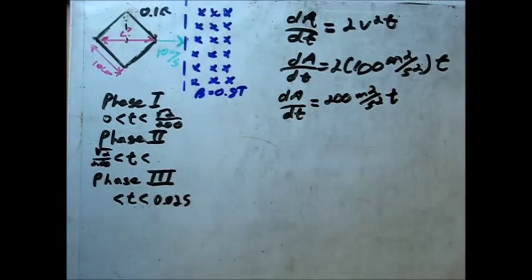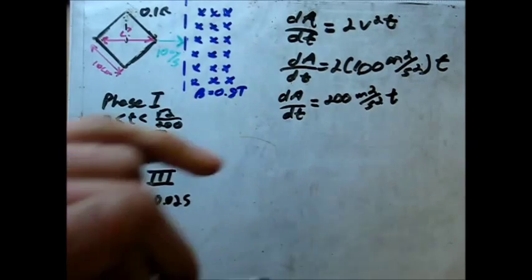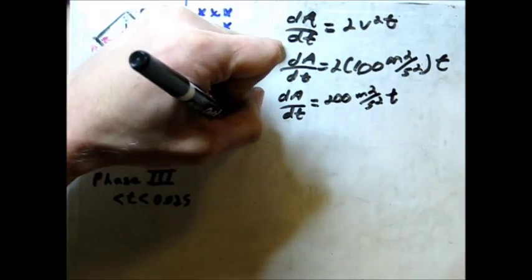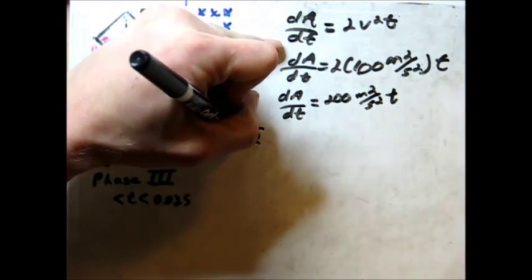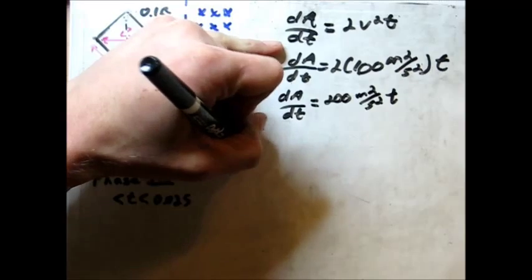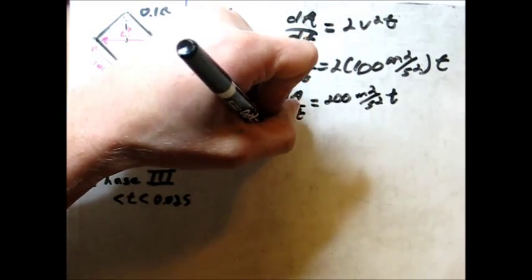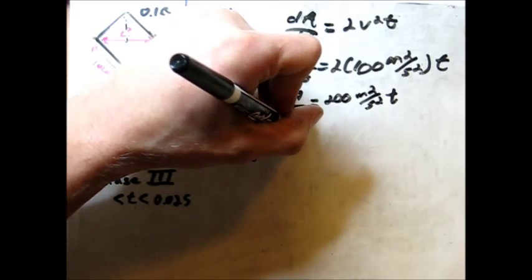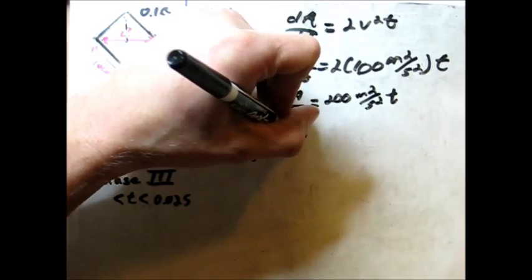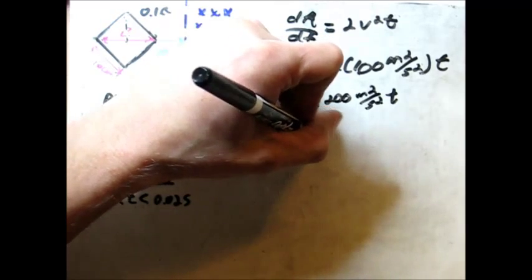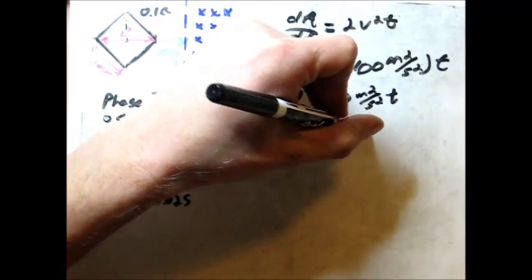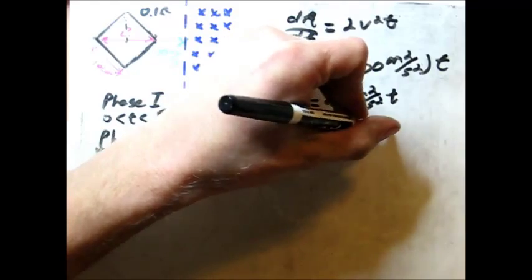And then let's just plug that into our change in flux formula. So change in flux with respect to time is going to equal our B field, which was 0.8 Tesla, times 200 meters squared per second squared times t.